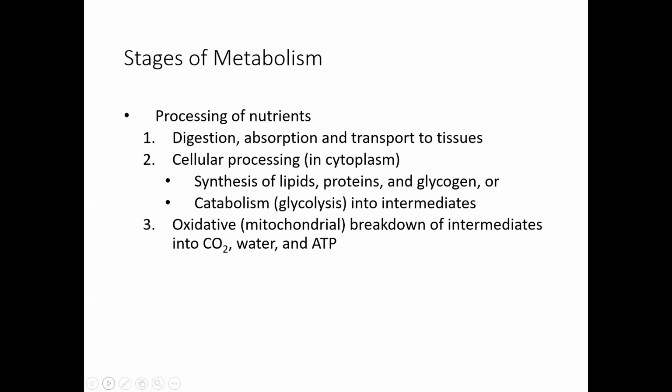That's the first step. We put the lipids back together again. We convert amino acids into proteins, and we can take glucose and make glycogen. If we have lots of glucose, we can make glycogen. If we have a lot more glucose, we can convert it to fat in the adipose cells.